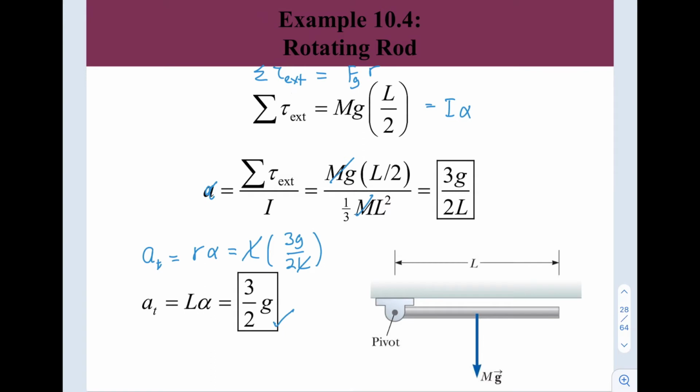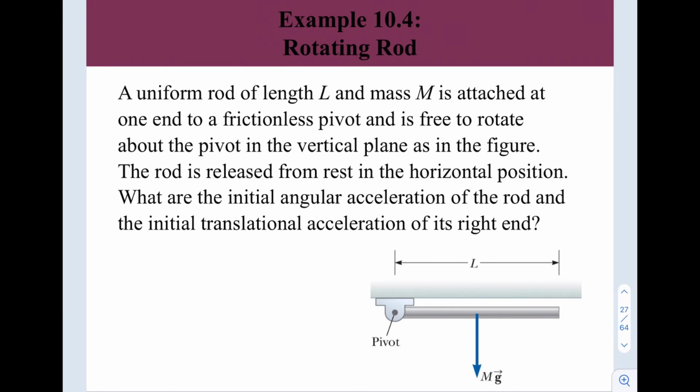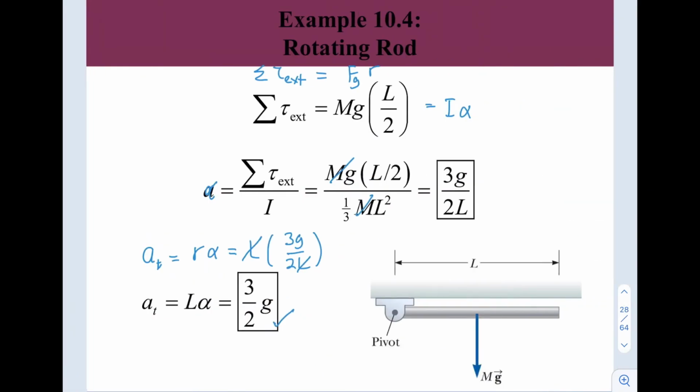So we are going to apply sum of torque external equivalent to Fg, this is the one that is going to cause the rotation, times R. Fg itself is mg. The R is half of the length because here is the force and here is the R, which is half of the length.